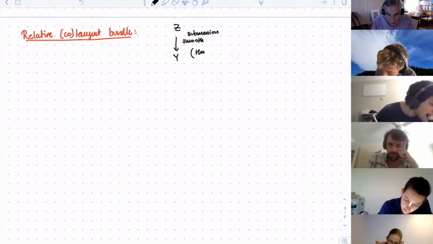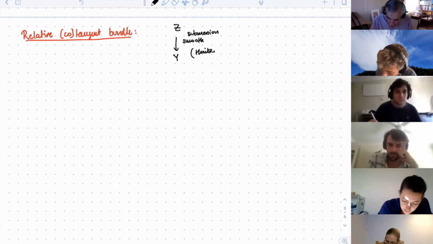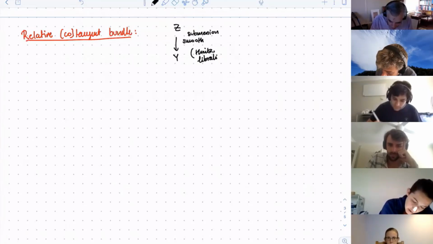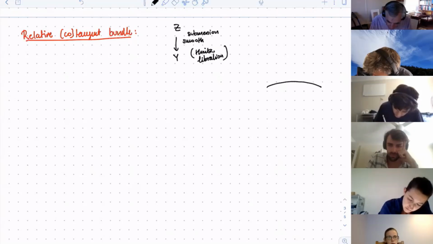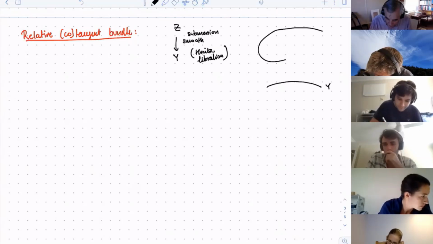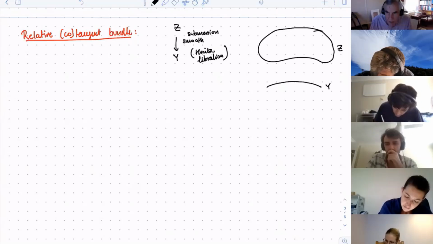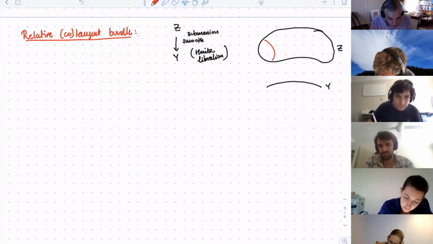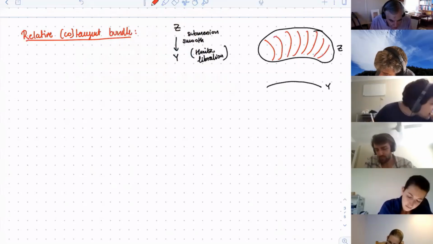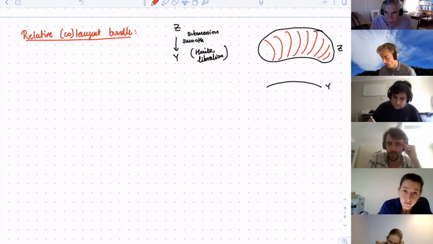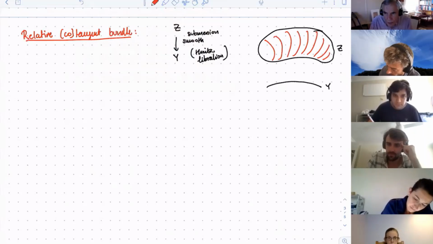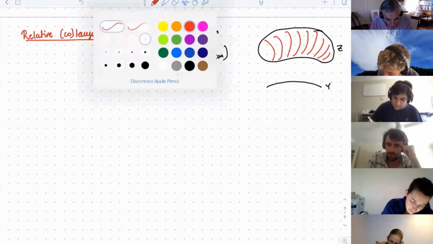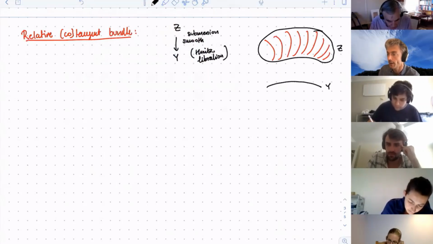You should think that this just means a C-infinity fibration. A picture of it looks something like, here we have Y, and here we have Z, and then we have all these fibers that are all isomorphic, at least as differential manifolds in the differential geometric setting.